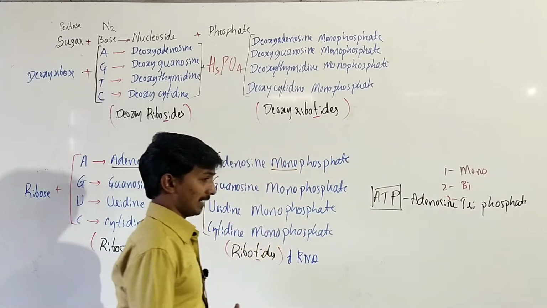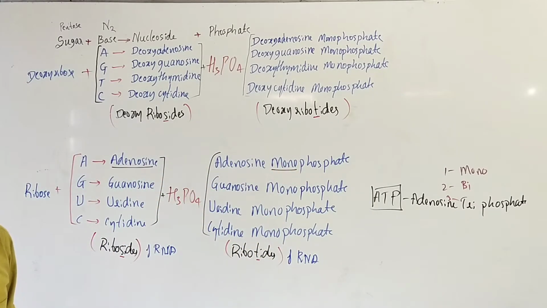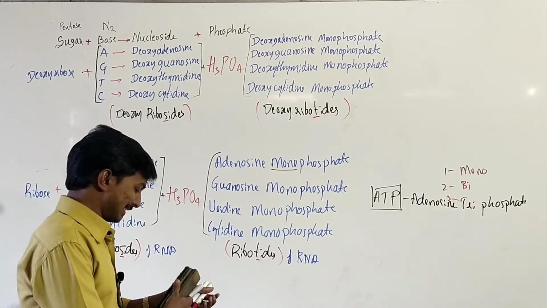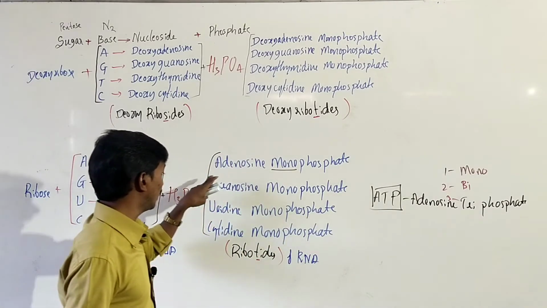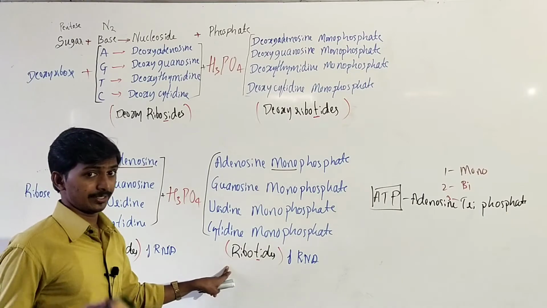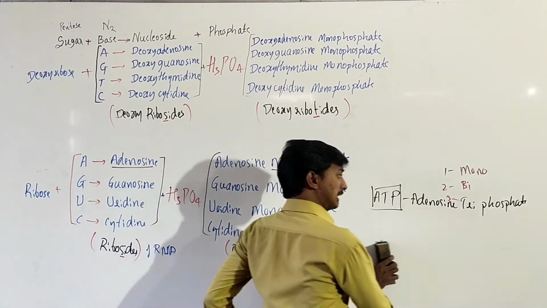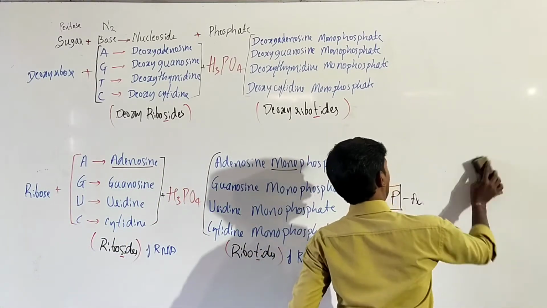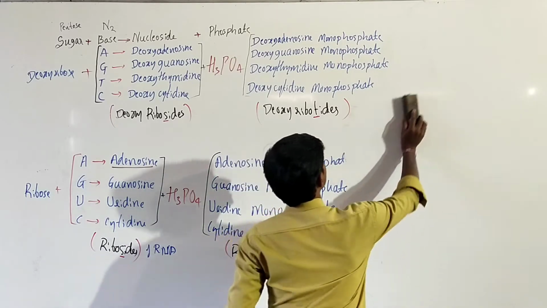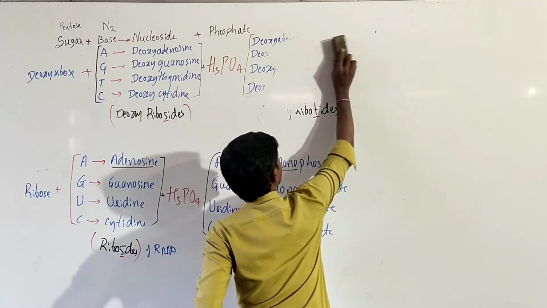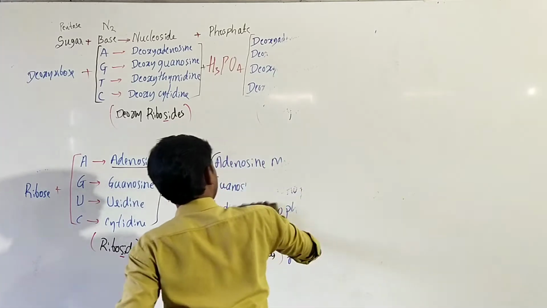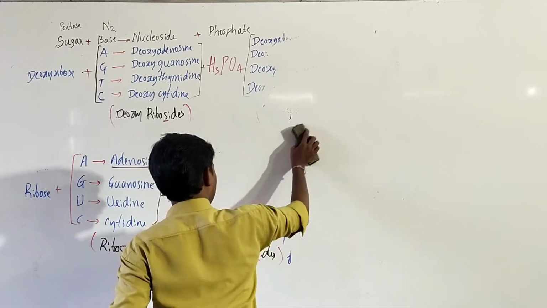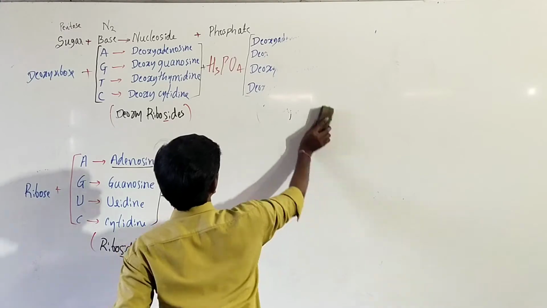So the universal energy molecule ATP is nothing but a nucleotide of RNA. ATP is a trinucleotide of RNA, remember.